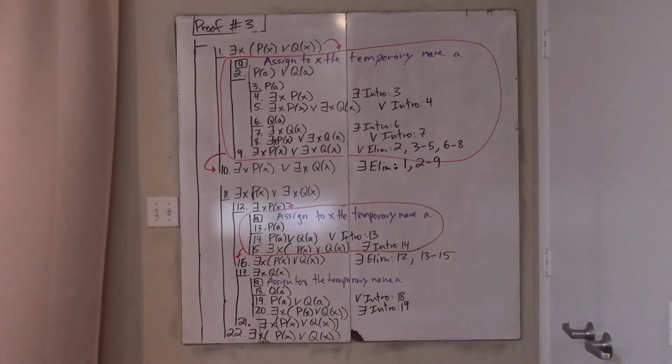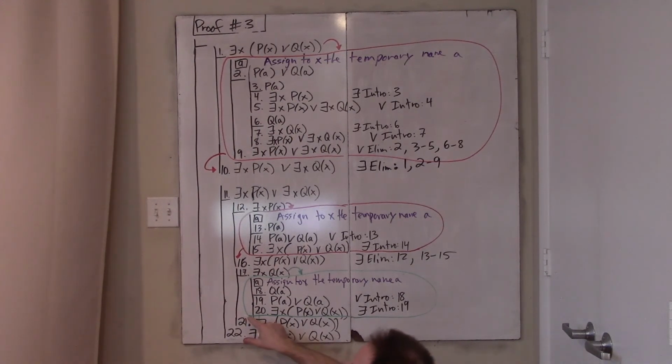Now that I've abstracted away from A, once again, I have taken information in line 17 and explored it by using the letter A temporarily to refer to the person in line 17 that exists.